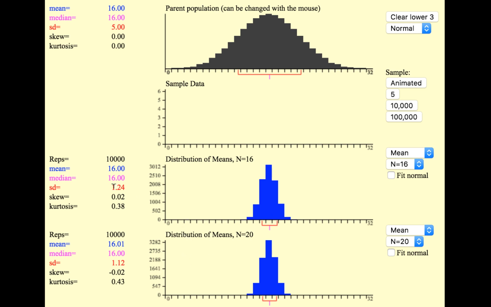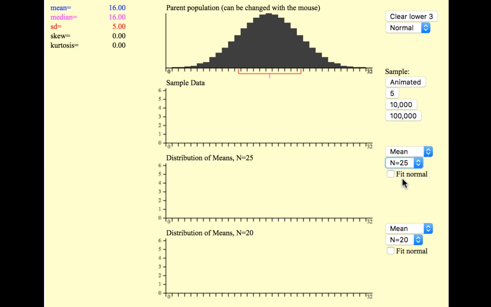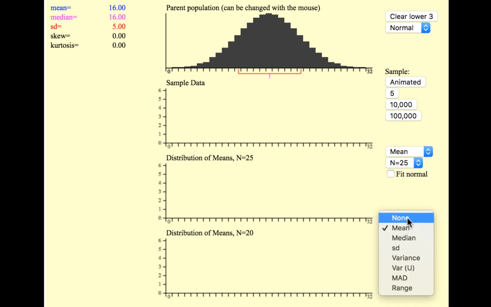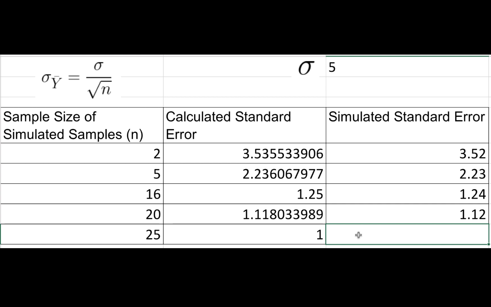We see the standard deviation of n equals 16 is 1.24, and for n equals 20, it's 1.12. I'll also look at the standard deviation for the distribution of means when n equals 25. That will be 1.01. So we'll just finish filling out our table right here, 1.01.